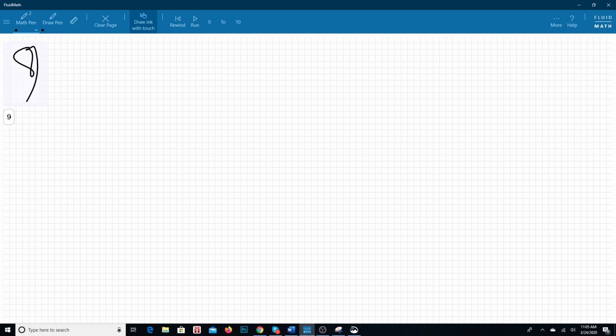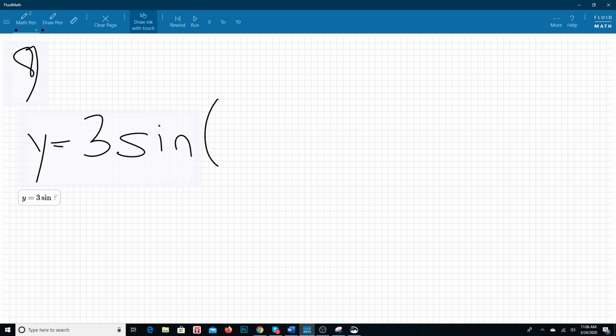So we have y equals 3 sine 2x plus 2. Want to graph that, which is what we're going to seek to do right here.